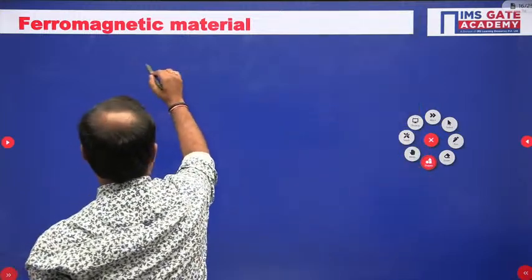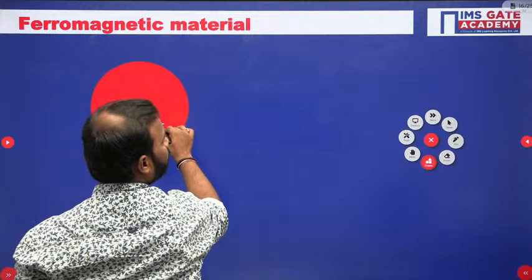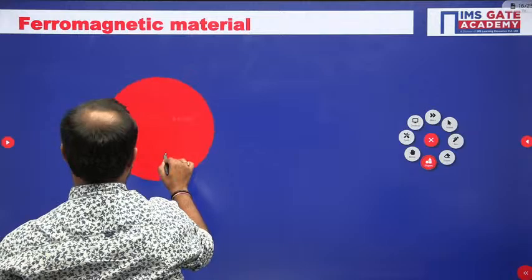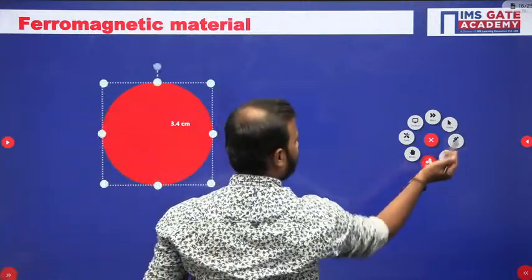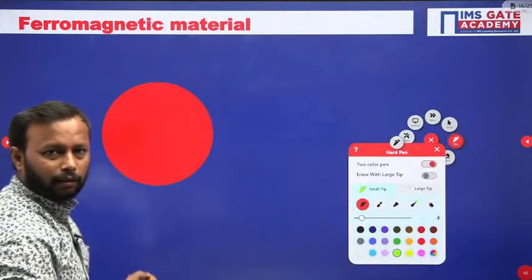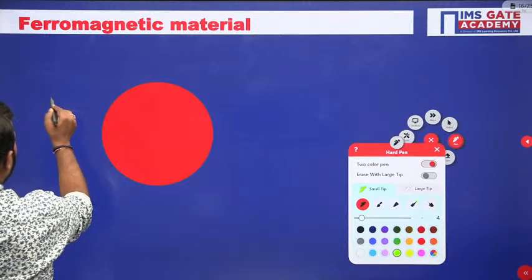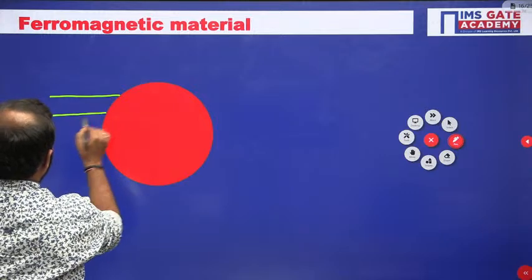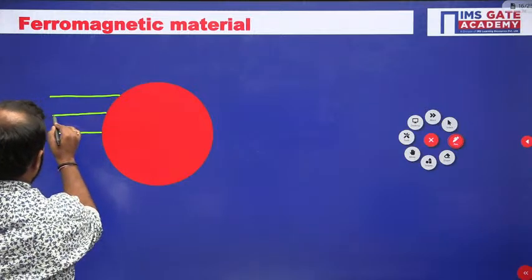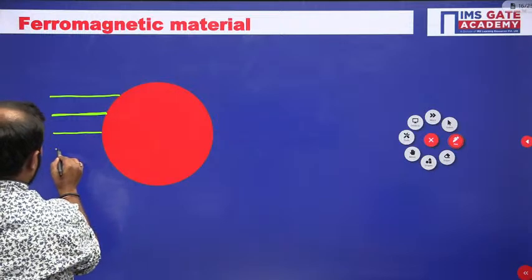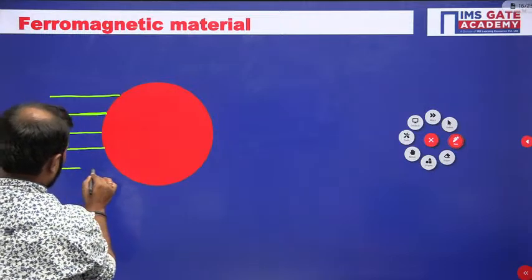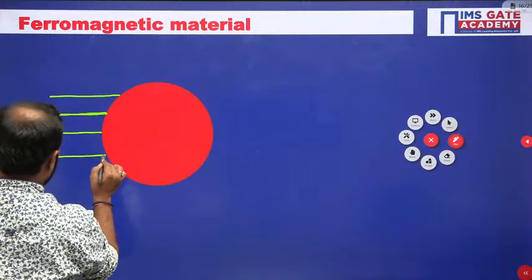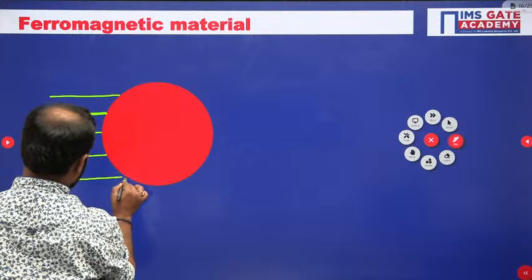Suppose this is a diamagnetic material. Assume that this is a diamagnetic material. Then, as I told you, outside the material you are going to have the magnetic field like this. Done.